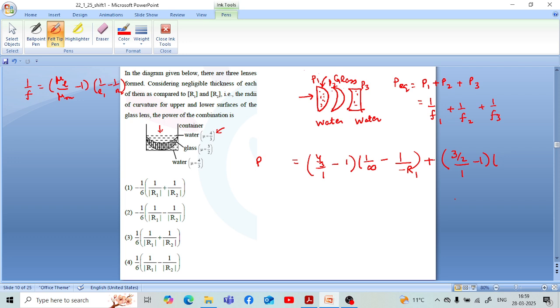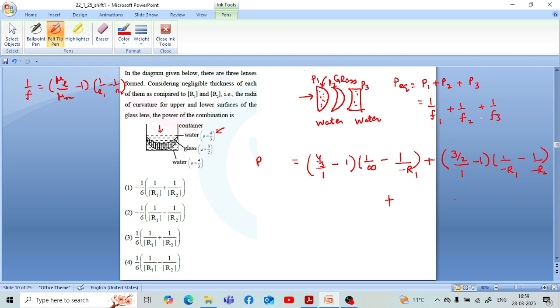Now the inner side of this glass lens has a radius of R1, and the direction is opposite to the direction of the incident light. So that's why we use 1 upon minus R1. Then minus 1 upon the radius of curvature of the outer side of this glass lens, which is R2, and again the direction is opposite to the direction of incident light. So that's why we use minus R2.